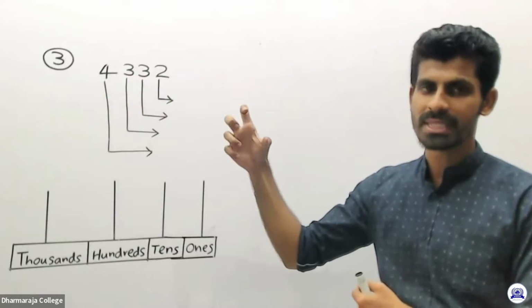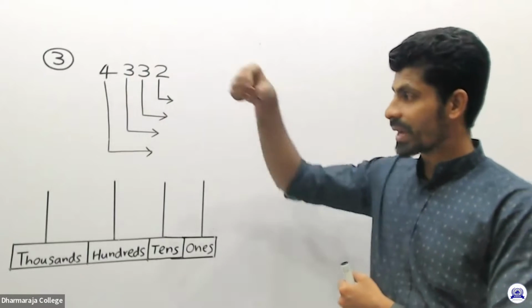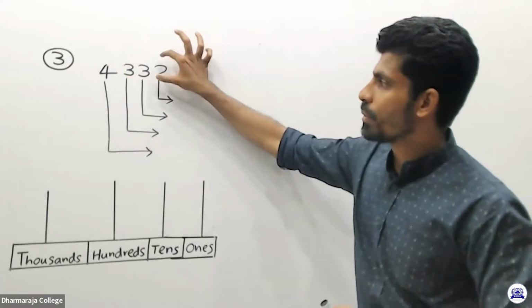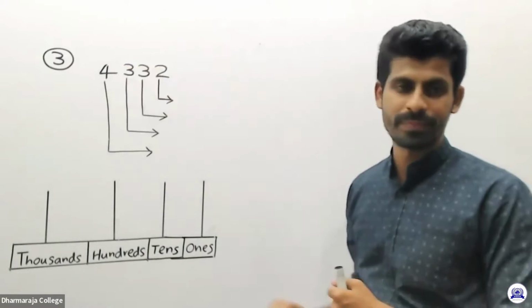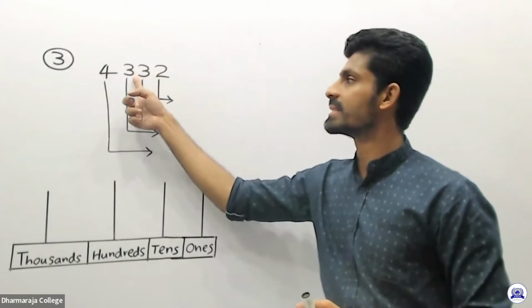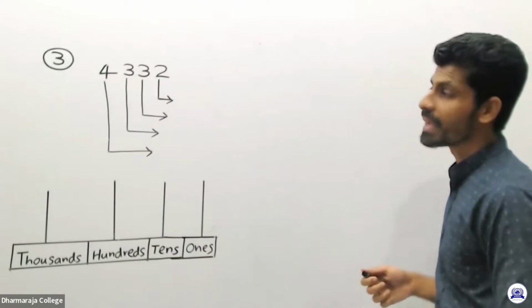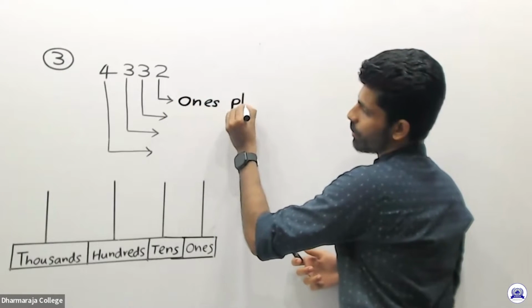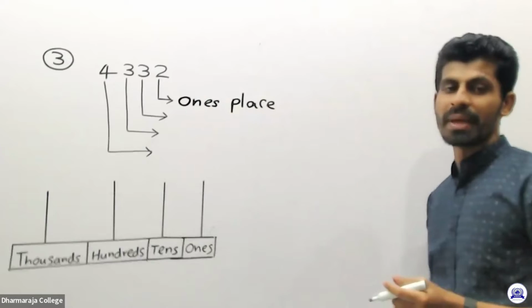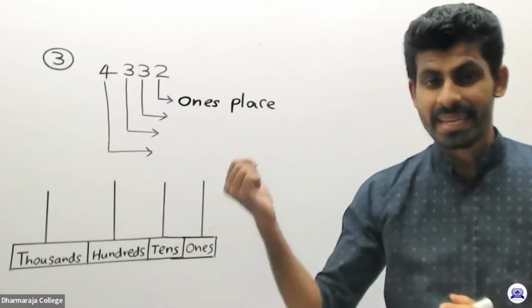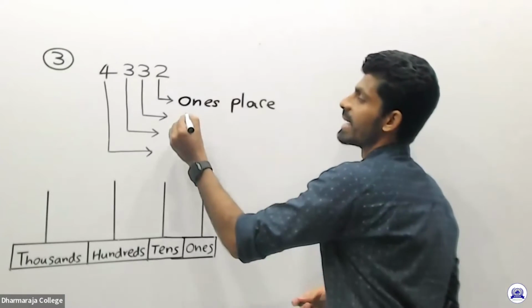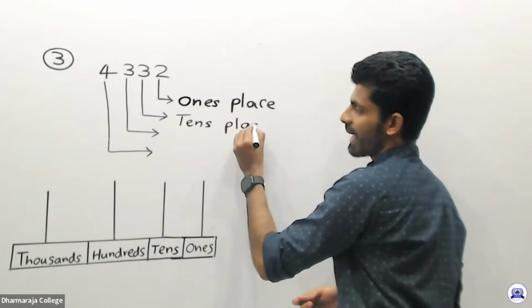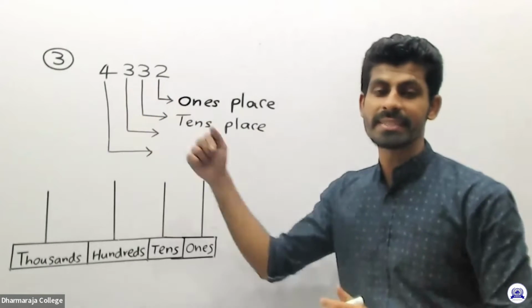4,332. Right? 2, 3, 3, 4. So 2 means ones place. Another 3 is there, tens place. Another one is there.